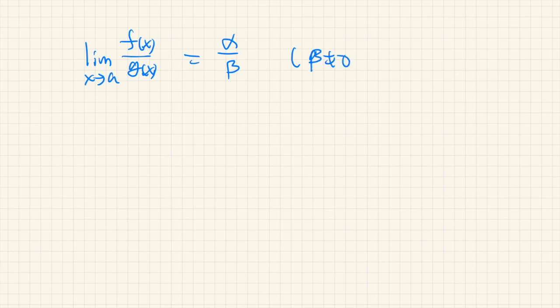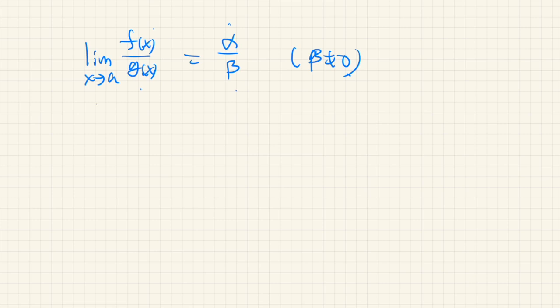And the next property is that the ratio converges to the ratio. So f of x over g of x converges to alpha over beta, given that beta is non-zero. Again, we're assuming that f of x converges to alpha and g of x converges to beta as x goes to a.